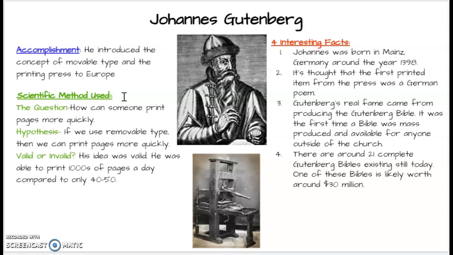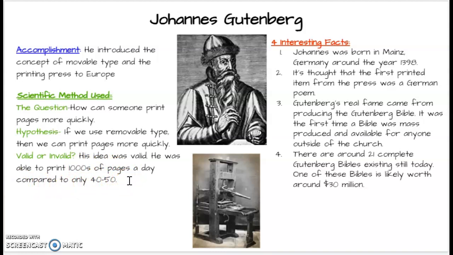His hypothesis would have been, and remember, a hypothesis has an if and a then statement, if we use movable type, then we can print pages more quickly. And then, was it valid or invalid? His idea was valid. He was able to print thousands of pages a day compared to only 40 to 50.